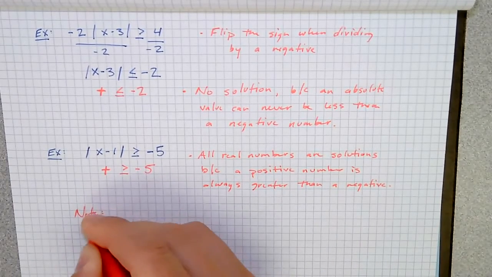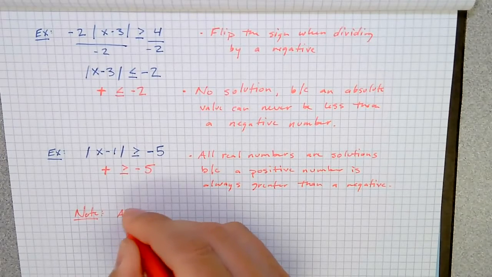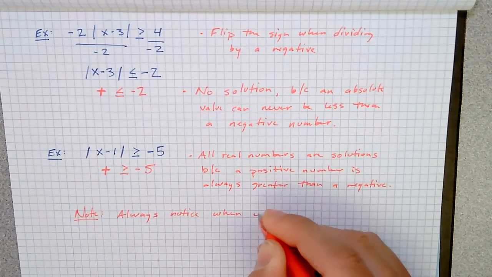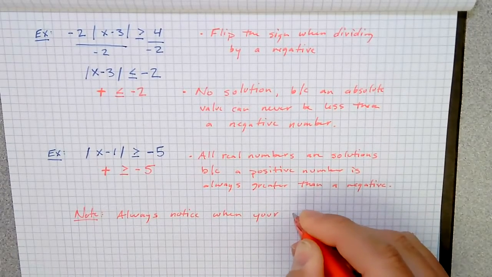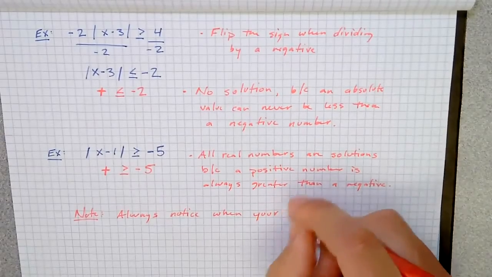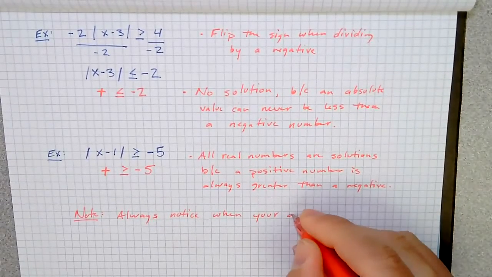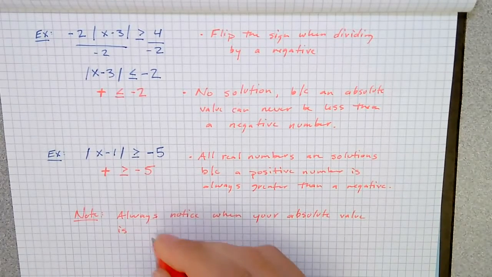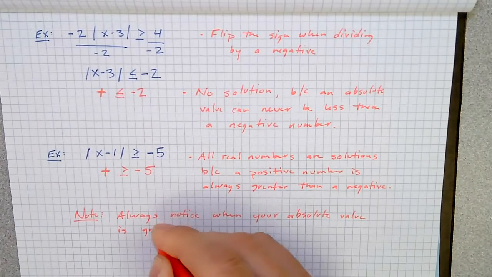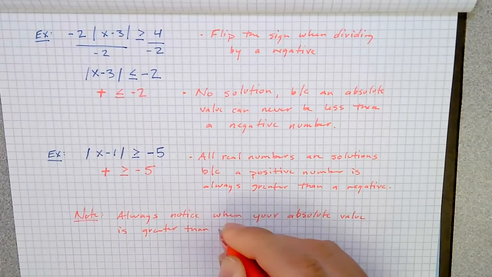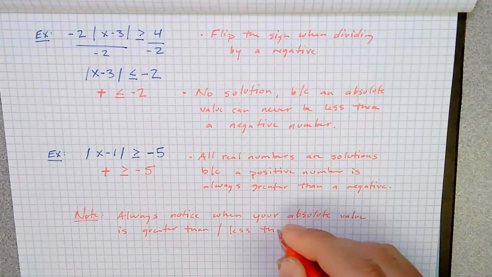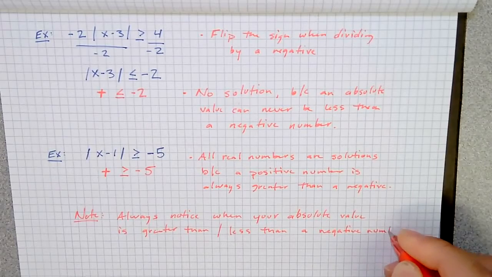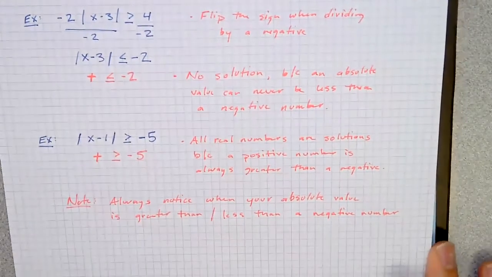So always notice when your absolute value is greater than or less than a negative number, or 0 as well.